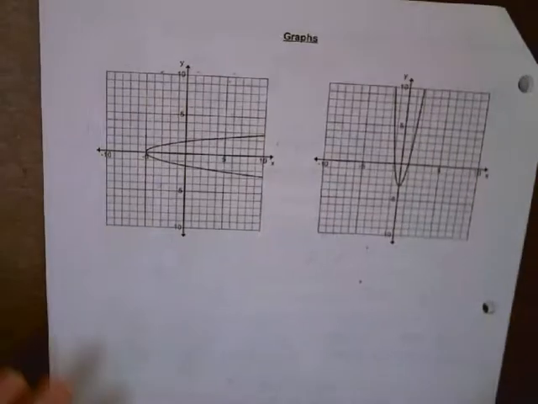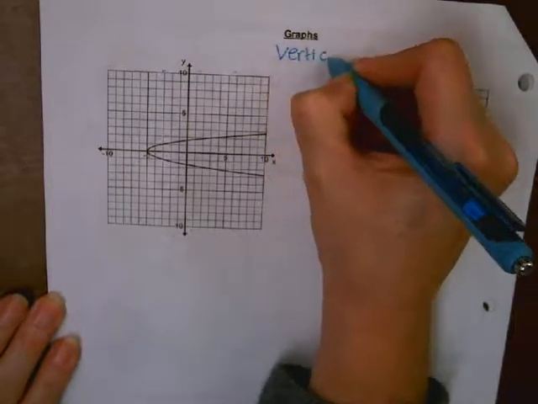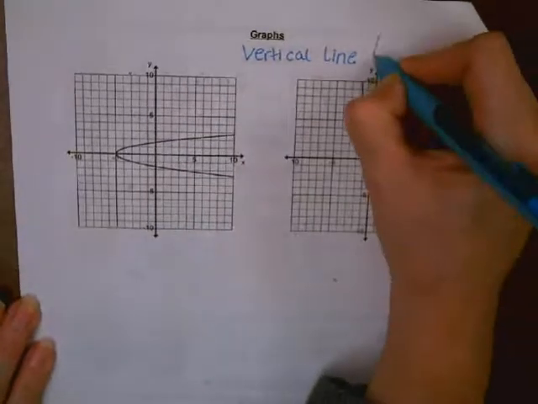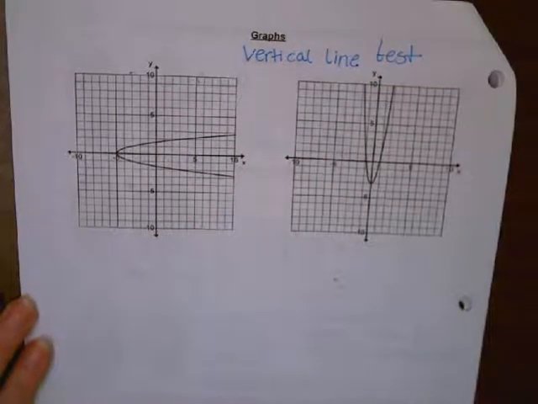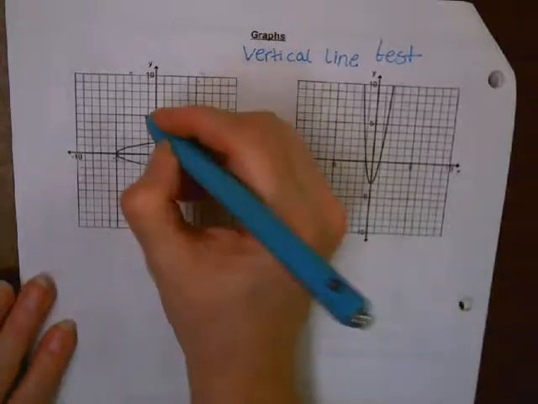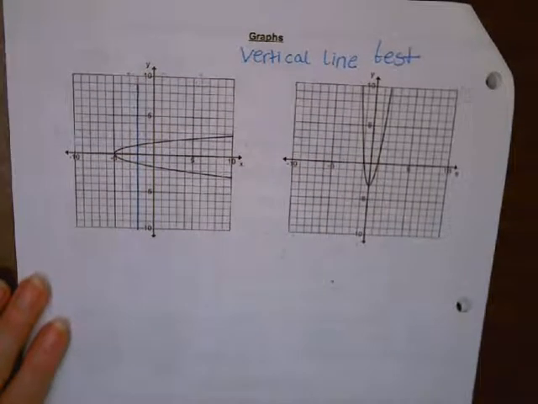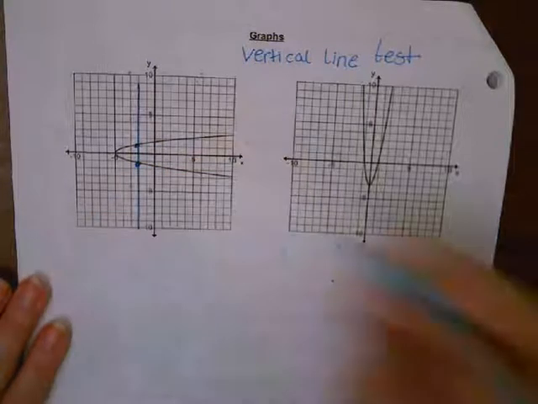Graphs are easy. Graphs is where we will use something called the vertical line test. Okay? I can tell you that if I draw a line right here, I see that this graph touches here and here.